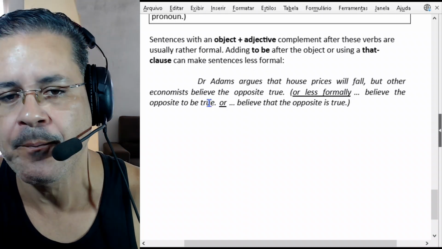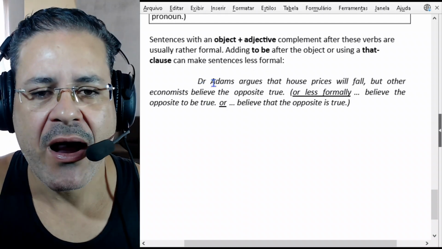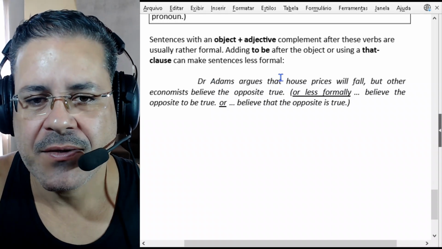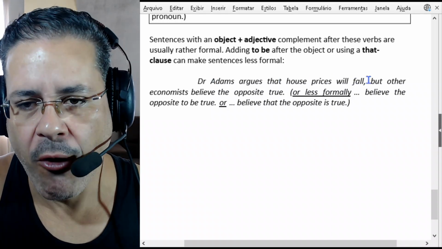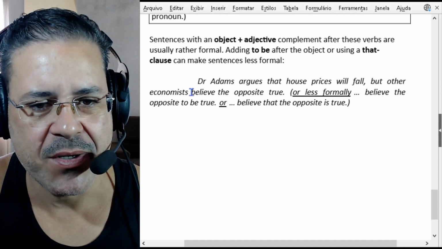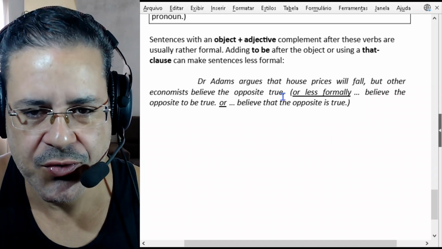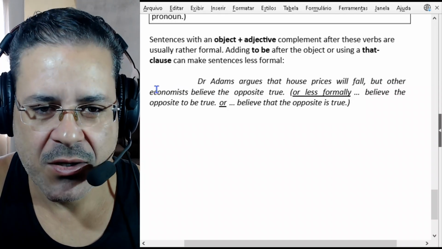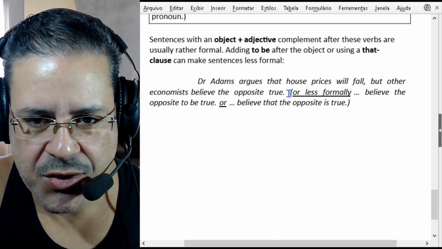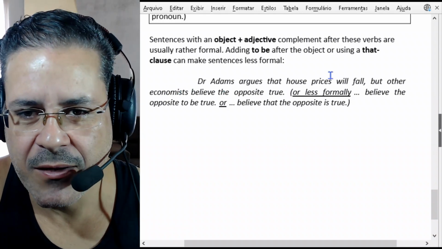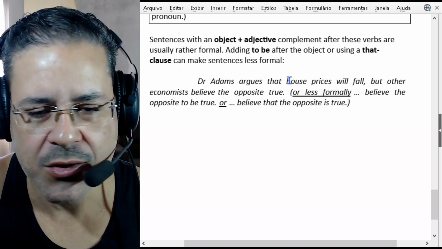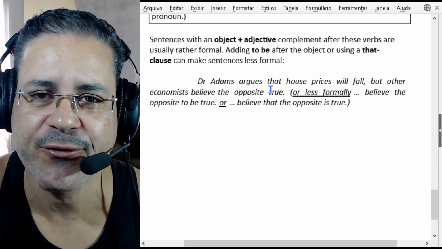For example, Dr. Adams argues that house prices will fall, but other economists believe the opposite true. That means they believe that prices will not fall, but it's quite formal.